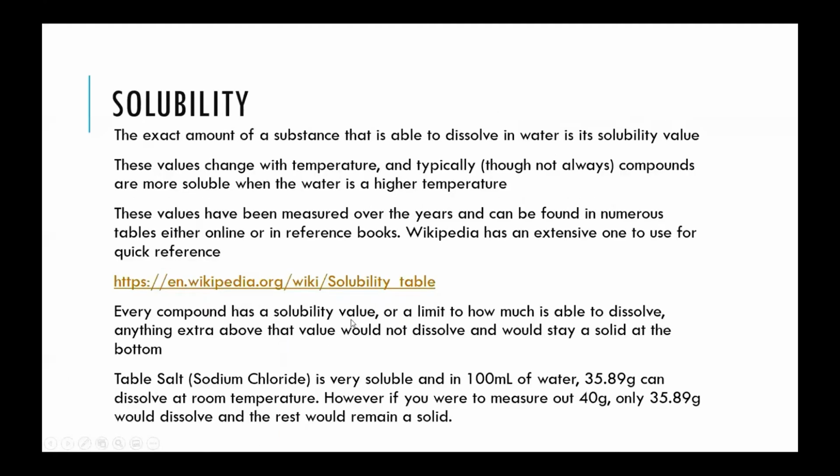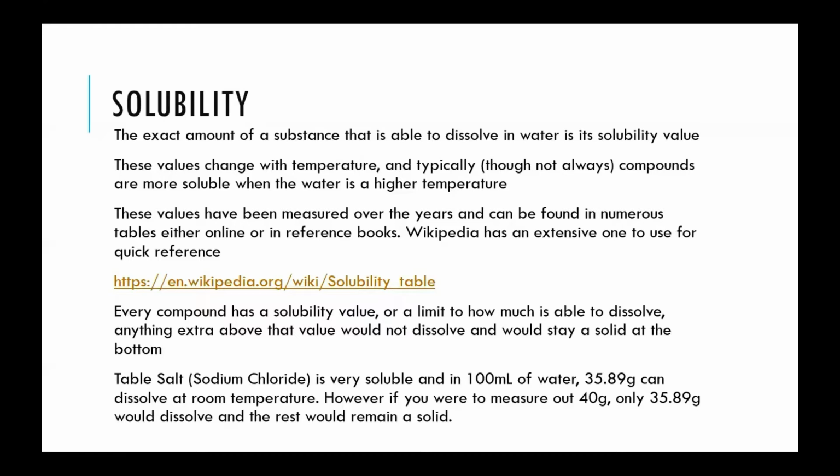So, as I said, all of these different compounds can dissolve in water to some extent, but it does vary. And this can vary with temperature. Usually increasing the temperature will increase the solubility. And over the years, there have been a lot of these actual numerical values that have been measured, and these are found in solubility tables.